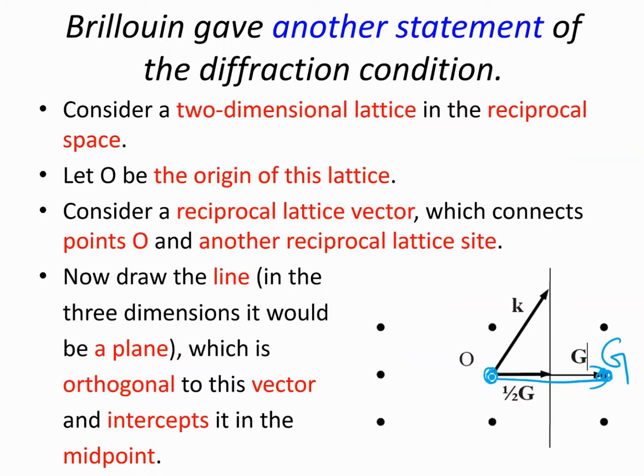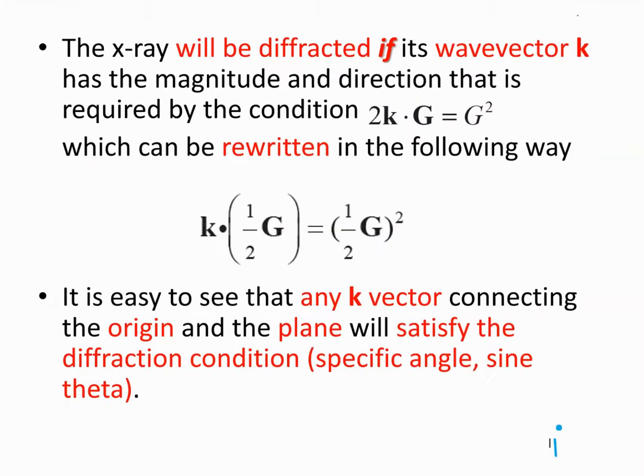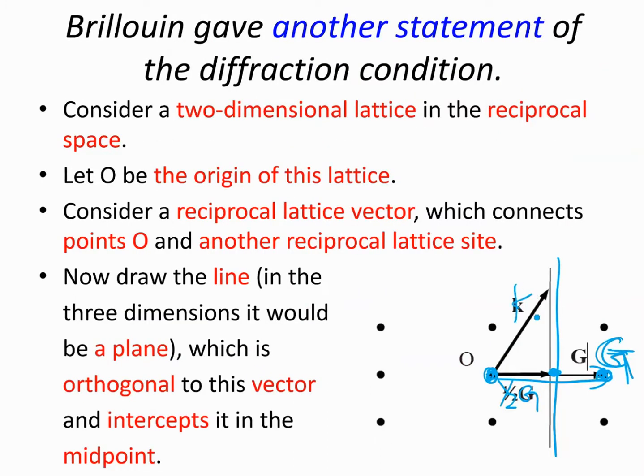So whenever we connect two reciprocal lattice points, the reciprocal translational vector will be G. Then because it's the midpoint, here is half G, and draw one line. Okay. So k dot product with half G, you will get half G squared.